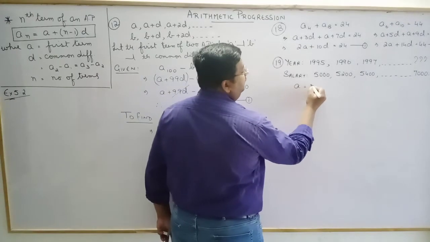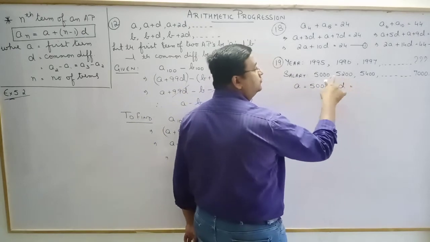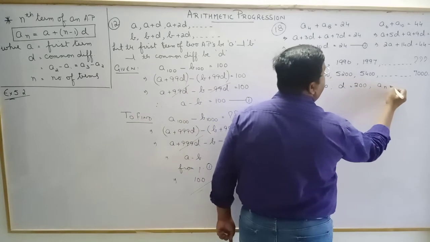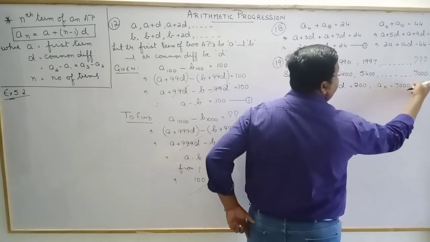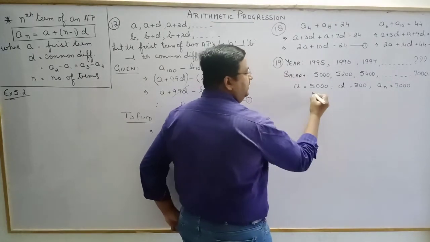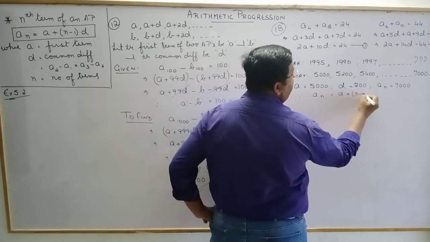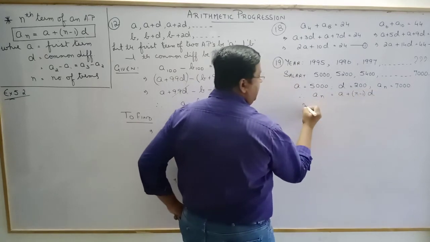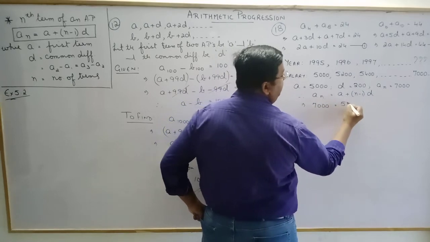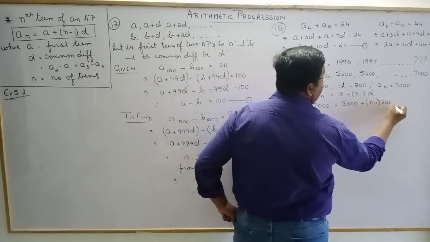A is 5,000. D we can see is 5,200 minus 5,000, which is 200, and AN equals 7,000. Can we find N? So AN equals A plus N minus 1 into D. 7,000 equals 5,000 plus N minus 1 into 200.